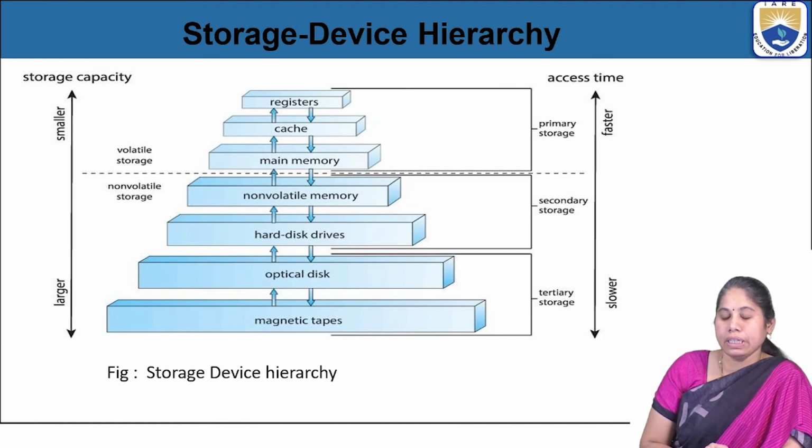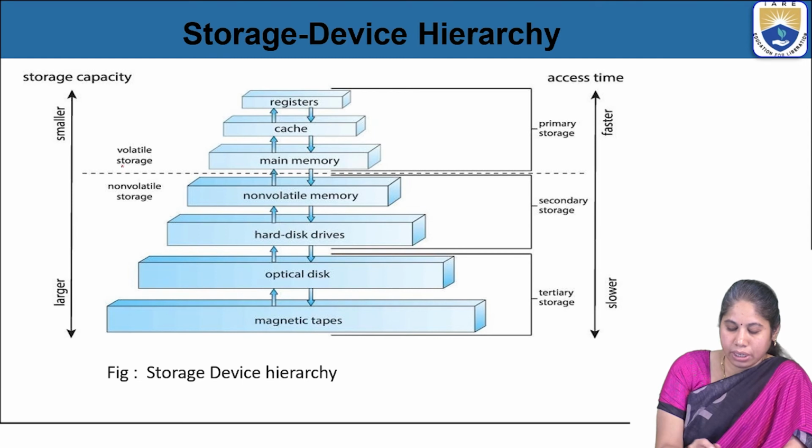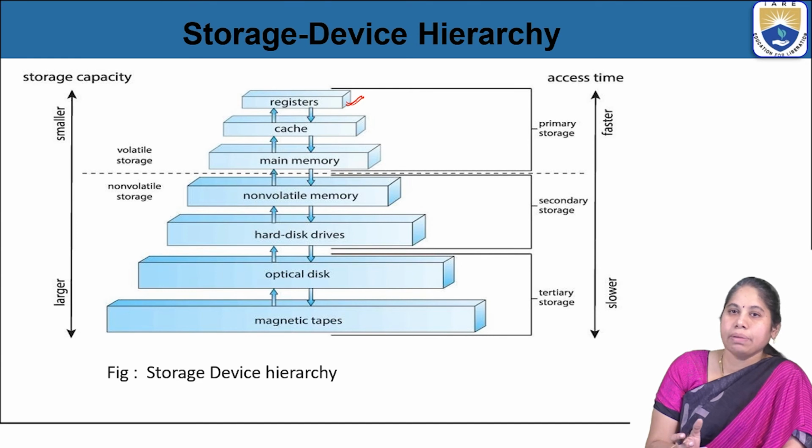So this is the diagram of the storage device hierarchy. If you observe here, the top layer is registers, which are very small in storage. I can't store 20 GB of information inside the registers. I can't even store 1 MB of information in my registers.